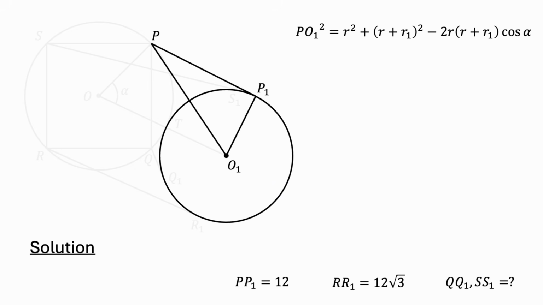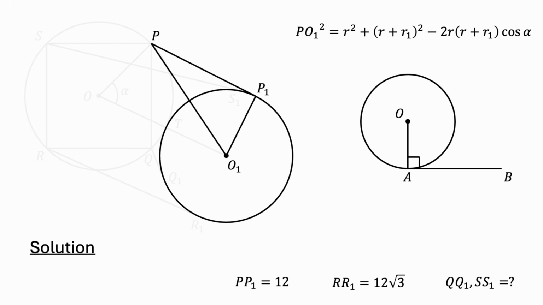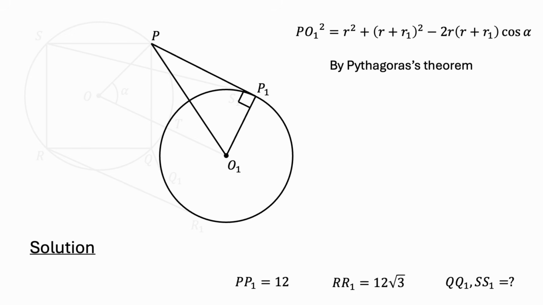Recall that if AB is tangent to a circle of center O, then angle OAB is a right angle. Since PP1 is tangent to the circle, angle O1P1P is a right angle. By Pythagoras theorem, we have PO1 squared equals O1P1 squared plus PP1 squared, or PO1 squared equals R1 squared plus PP1 squared.